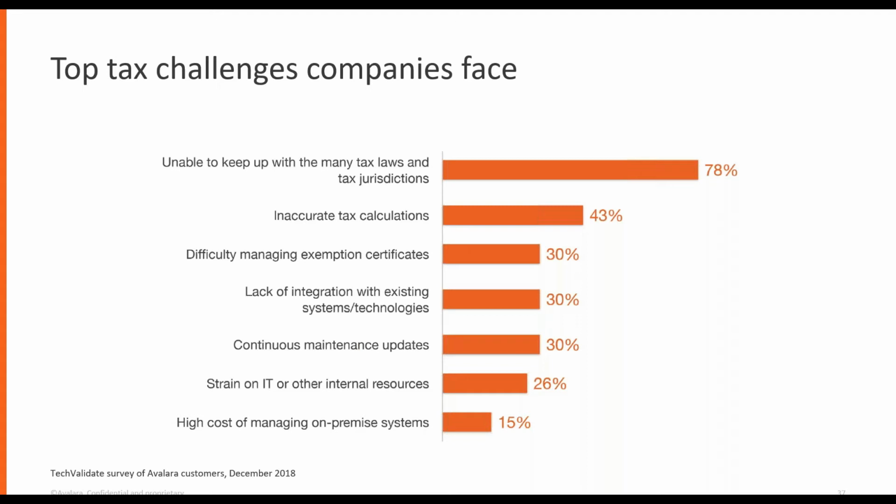So what comprises those challenges? We asked customers what they faced every day before they decided on automating, and here's the feedback. One of the biggest things is: I just can't keep track of all of these tax laws and jurisdictions and the changes and everything that I need to keep up with. 78% said that is one of the key reasons why they're looking at automating, or did automate.